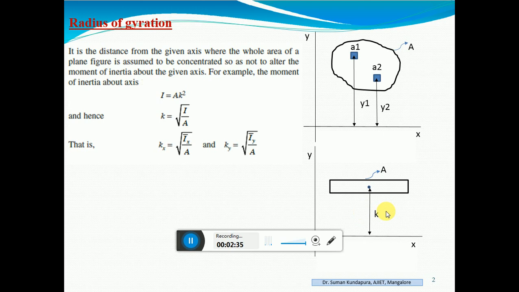So this distance k from the x-axis is nothing but the radius of gyration.